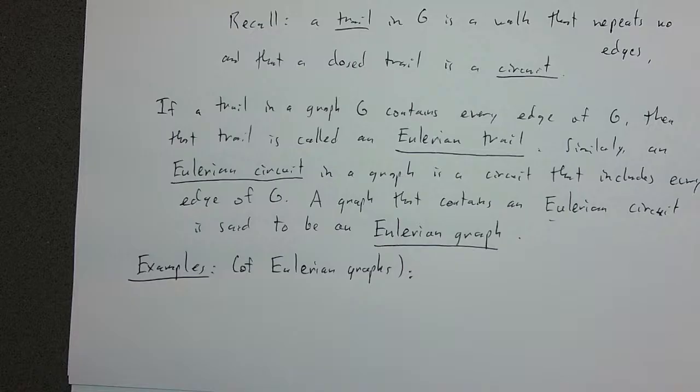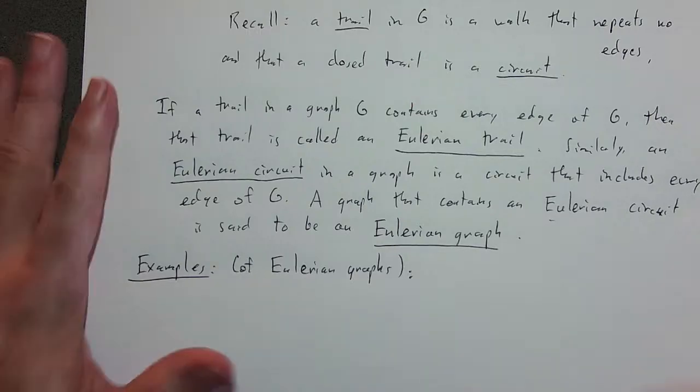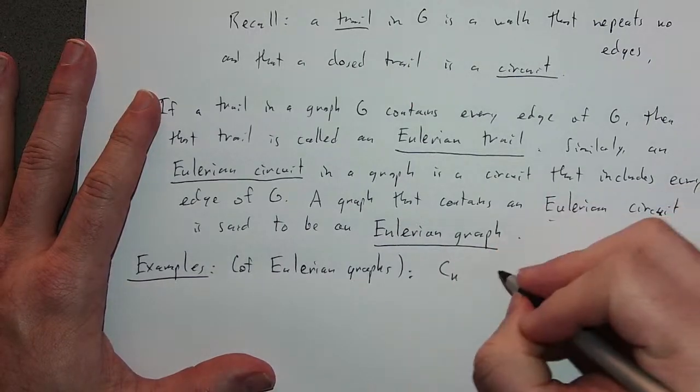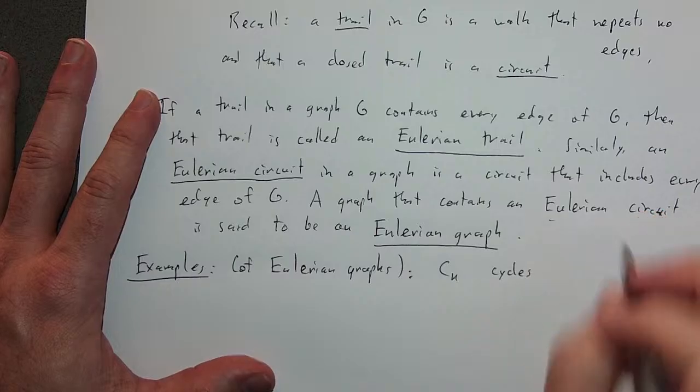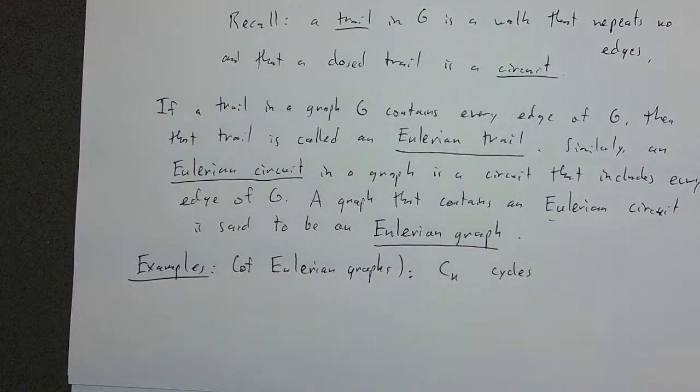So there's cycles. They have the obvious Eulerian circuit just going around the cycle. The paths have no circuits, so they're not Eulerian, because you can't even have a circuit in a path.